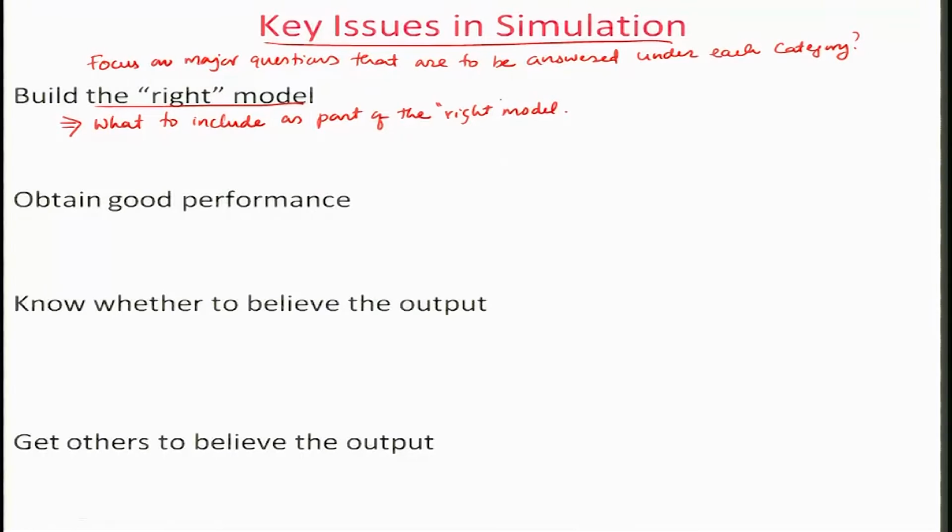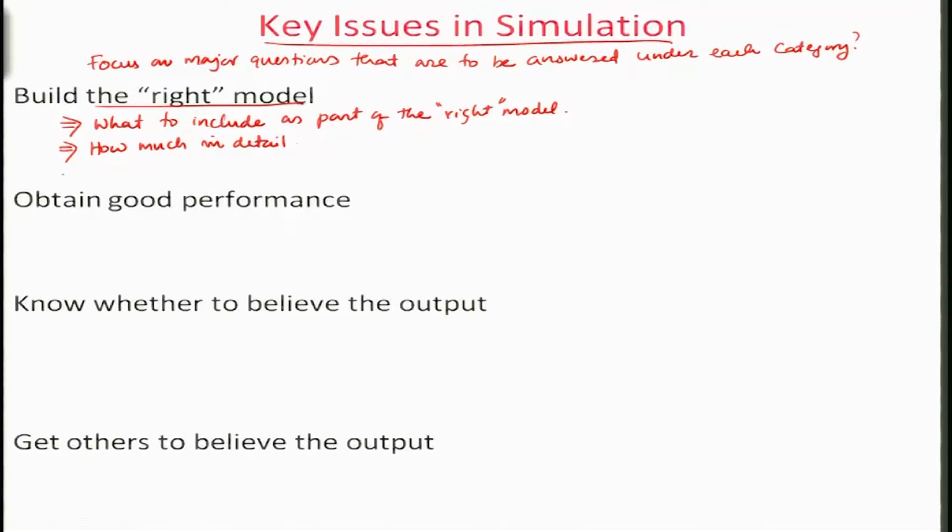So, what do you want to include? What is to be included as part of the right model? A better way to think about it is, what is to be included and how much in detail. If you want to include something, fine, go ahead and include it, but then how much detail do you need to include?